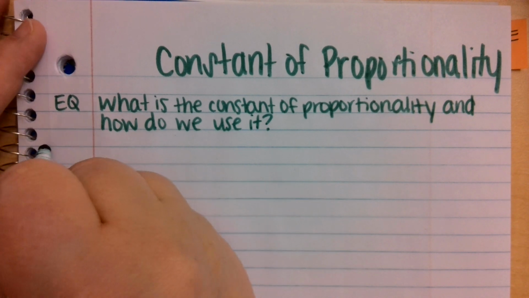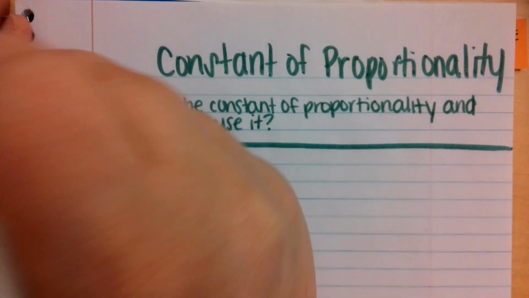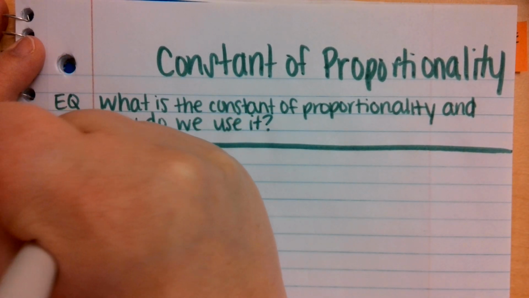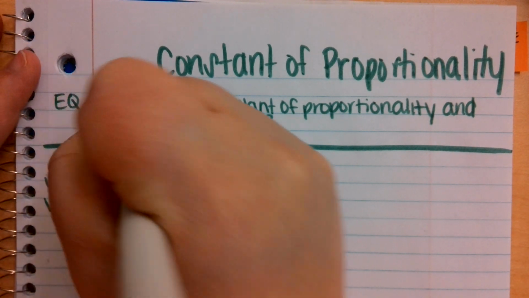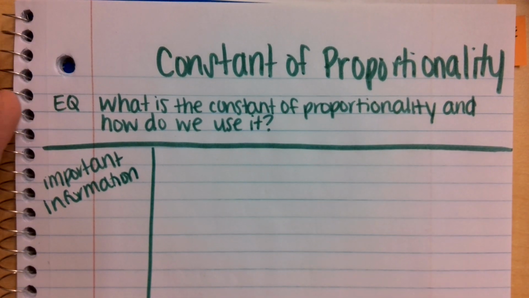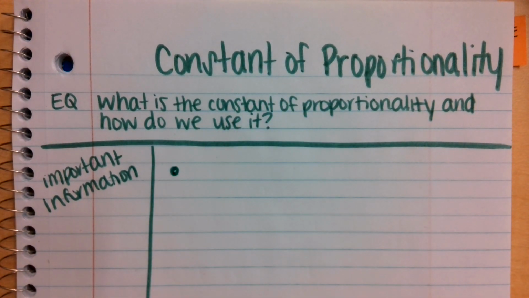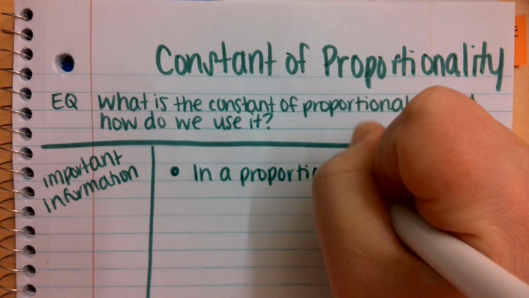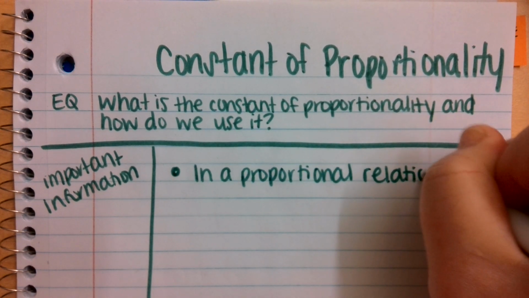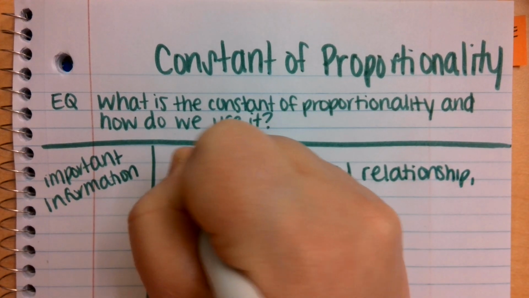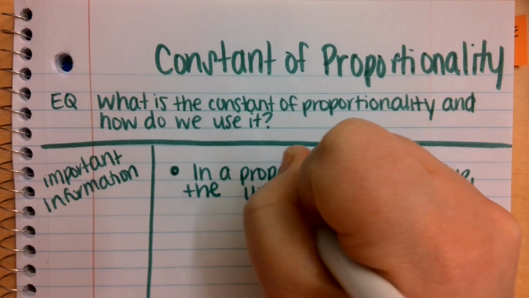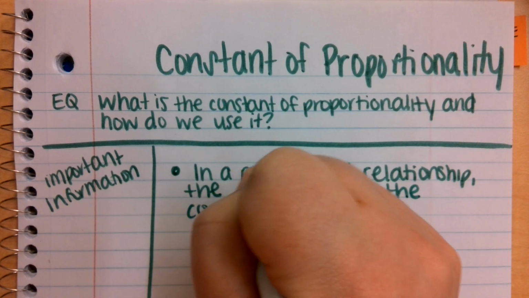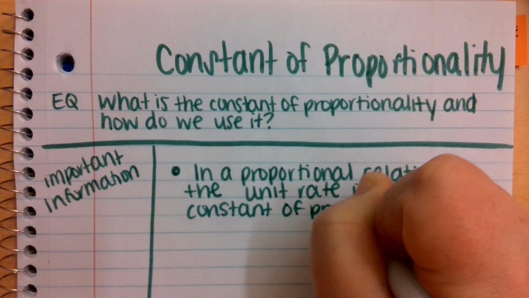All right, some important info. First bullet point, in a proportional relationship, the unit rate is the constant of proportionality.